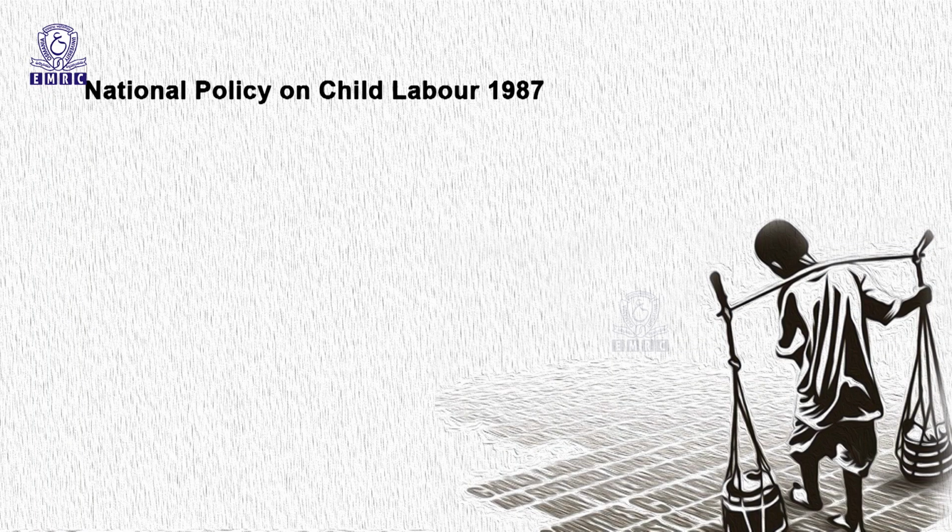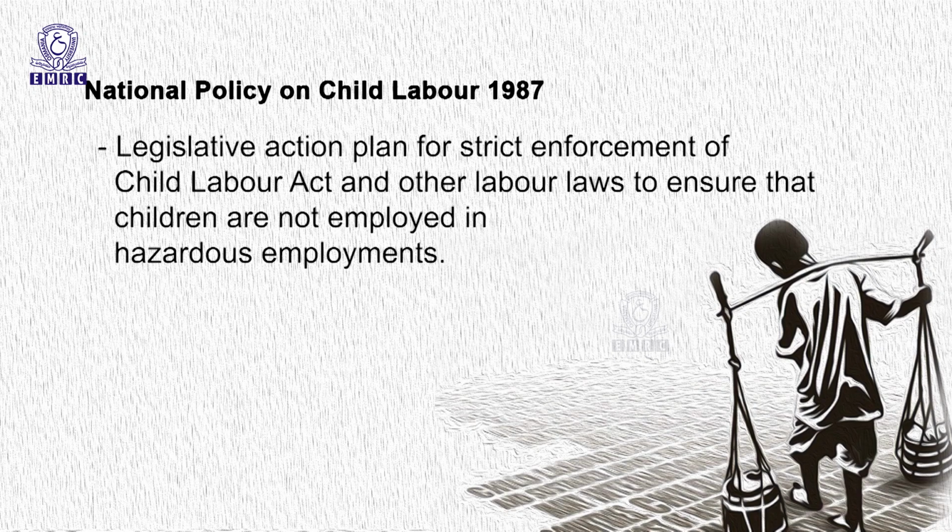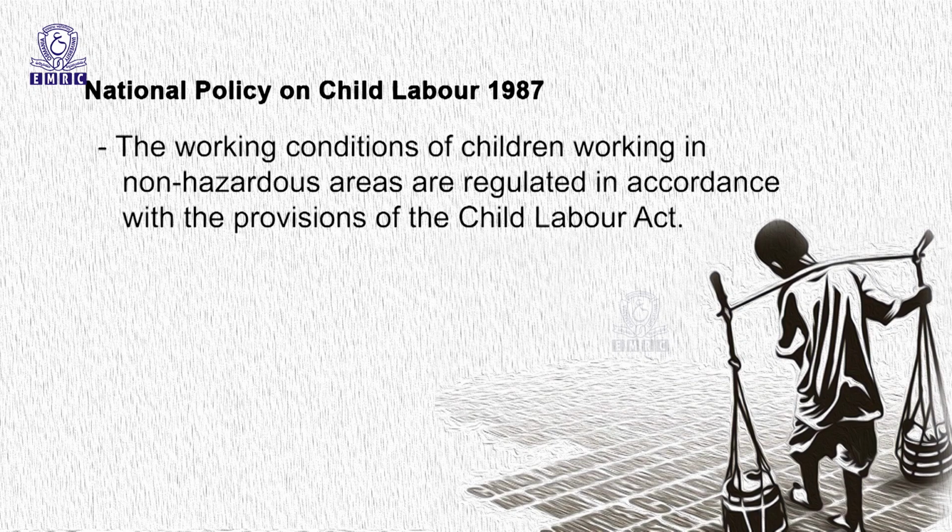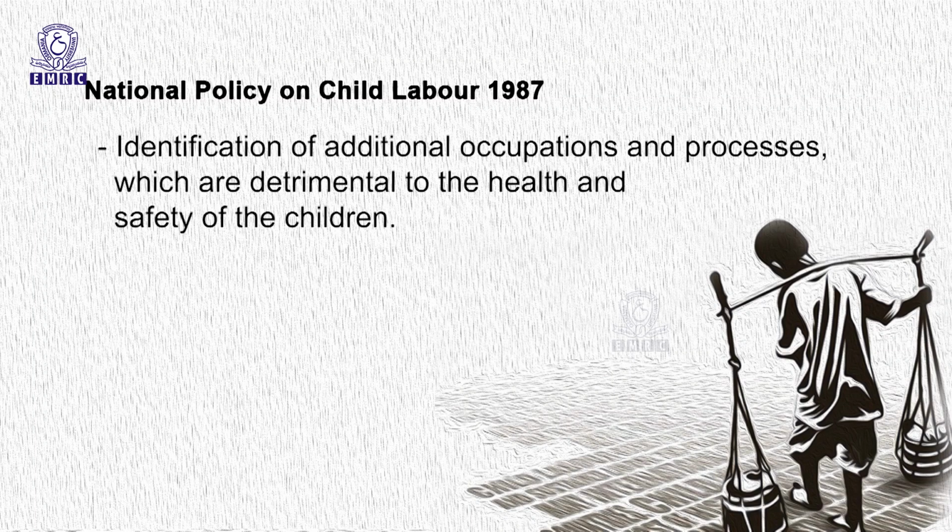The action plan outlined in the policy for tackling this problem is as follows: Legislation Action Plan for strict enforcement of the Child Labour Act and other labour laws to ensure that children are not employed in hazardous employments and that the working conditions of the children working in non-hazardous areas are regulated in accordance with the provisions of the Child Labour Act. It also entails further identification of additional occupations and processes which are detrimental to the health and safety of the children.